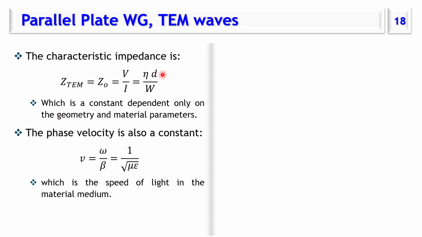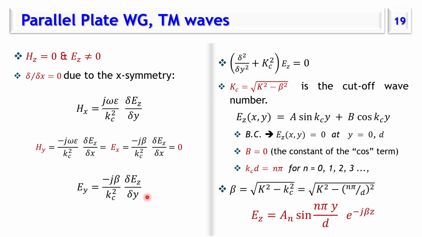That's why the wave impedance and characteristic impedance have the same expression and value here. The phase velocity is also constant, equal to 1 over the square root of mu epsilon, which is the speed of light in the medium filling the space between the two conductors.